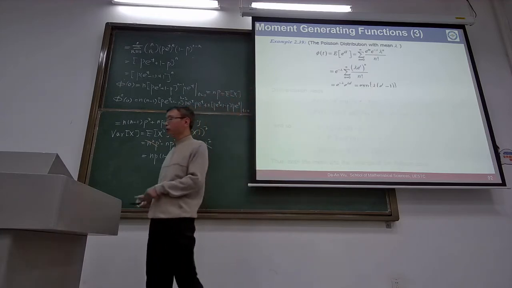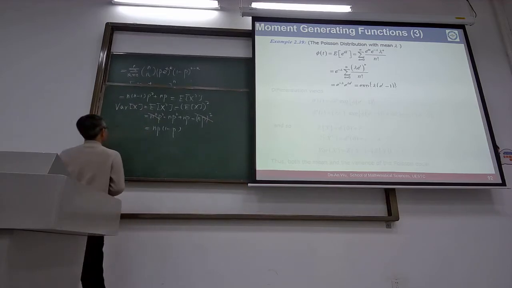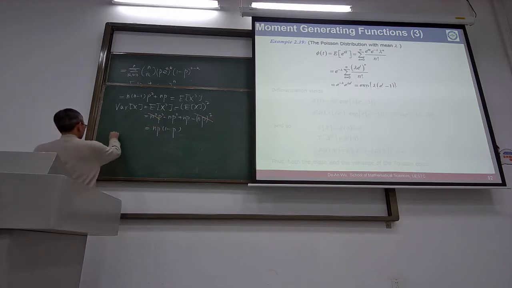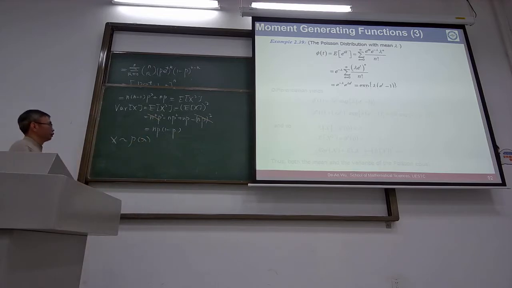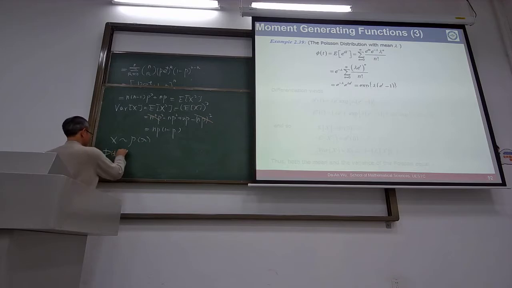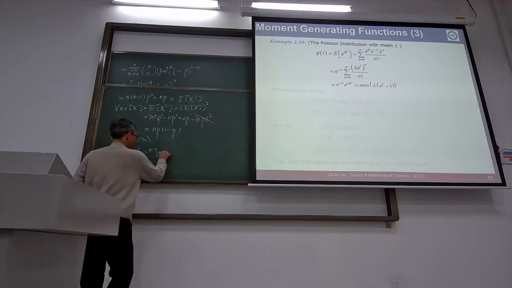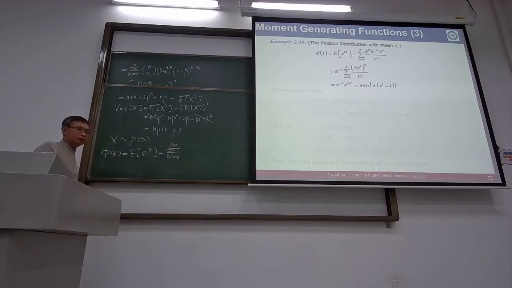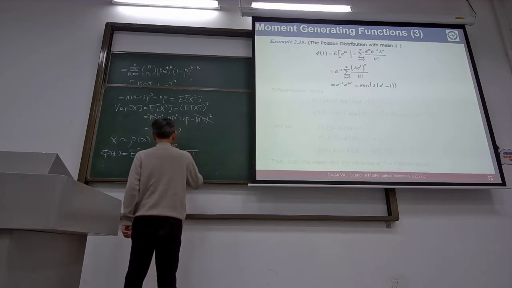If X follows a Poisson distribution with parameter lambda, then phi of t, just by definition, in this case k can take values from 0 to infinity, the sum of e to the tk times e to the minus lambda, lambda to the k over k factorial.